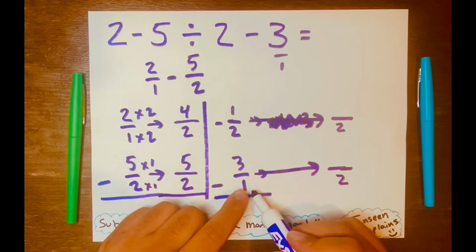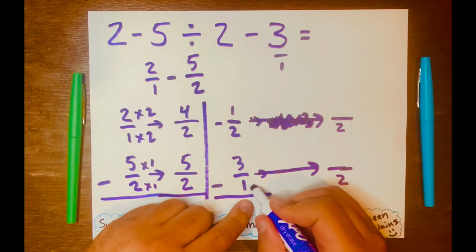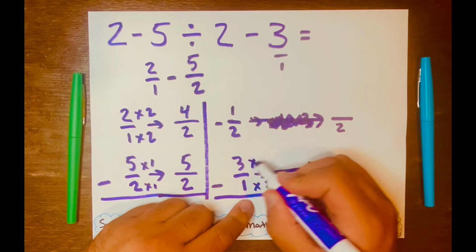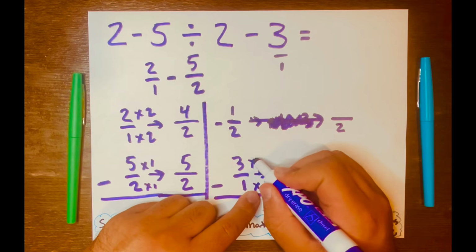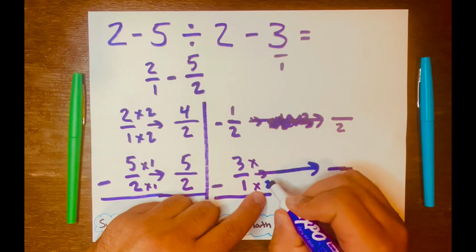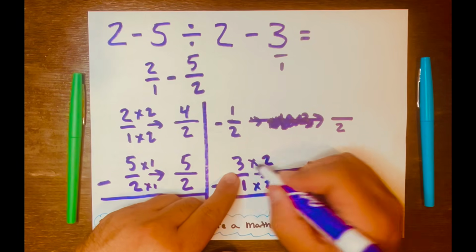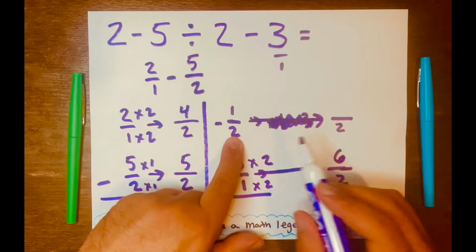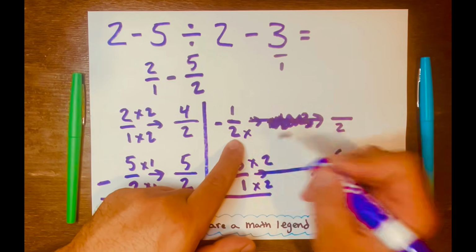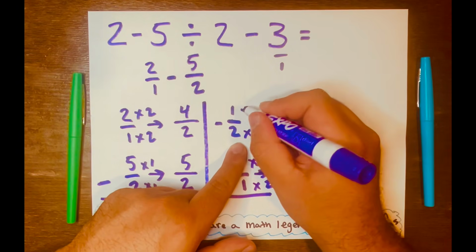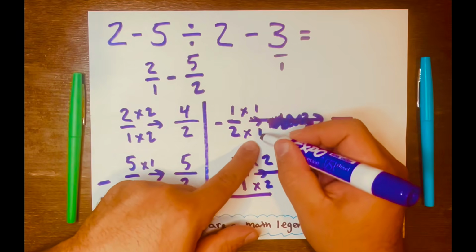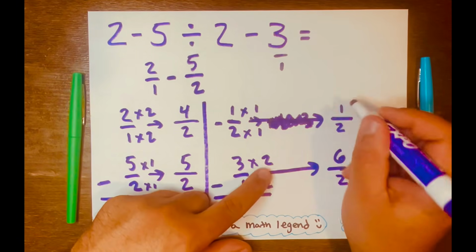And now 1 times what gives you 2? 2. And you do the same up here. So you use this factor to multiply the numerator. So 3 times 2 is 6. And then up here the same. So 2 times what gives you 2? 1. And then 1 times 1, because we brought this 1 up. 1 times 1 is 1.